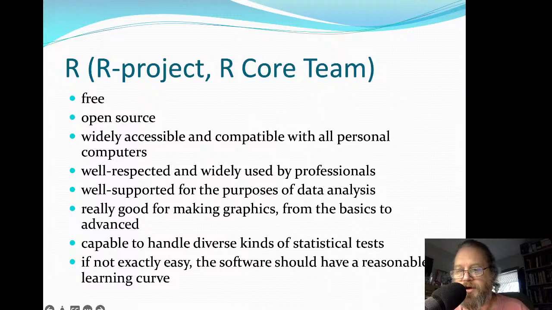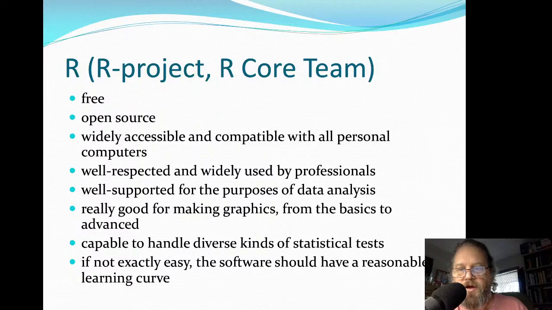R is really good at making publishable quality graphics. It's not always easy to generate a great graph, but the procedures are there, and one thing to do is to try different things and see if you can generate these pretty pictures. I've got some examples in the chapter. There are over 18,700 packages, which are new algorithms or new ways of looking at old statistics or new statistical procedures.